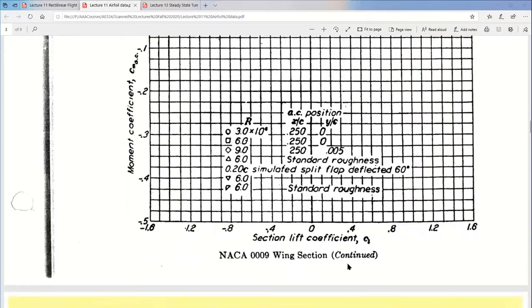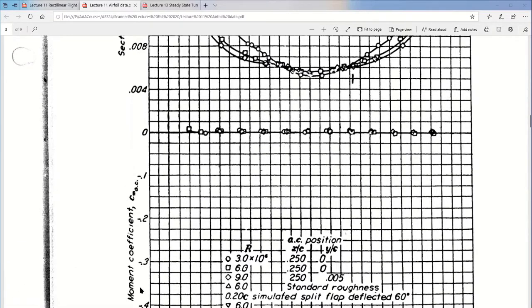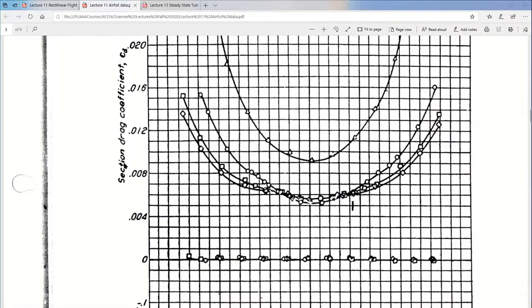You'd think it's CD versus alpha, but they plot this as CD versus CL, because it turns out that's a better way to plot this. So the lift coefficient is down here. Pitching moment is here, but the one we really want is drag versus CL. And these curves look like parabolas.